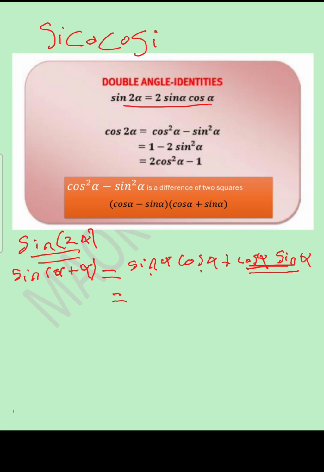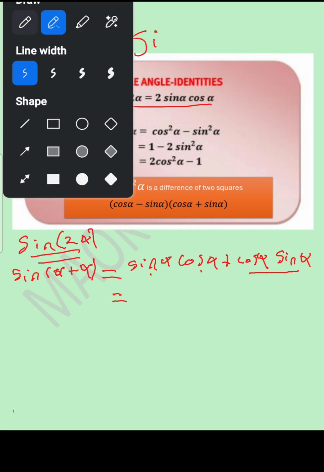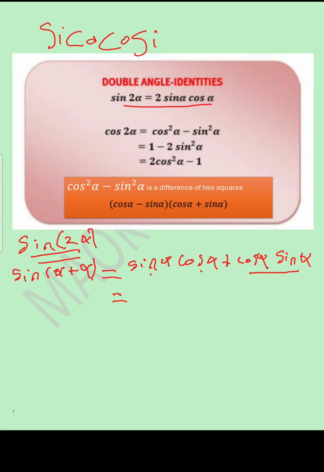So this one here can be written as sine alpha cos alpha, so that it's the same as that in order.